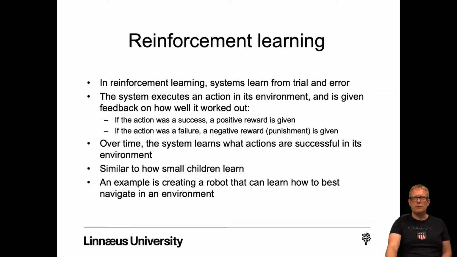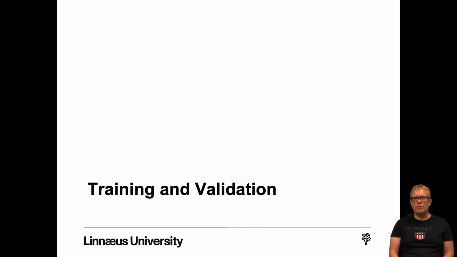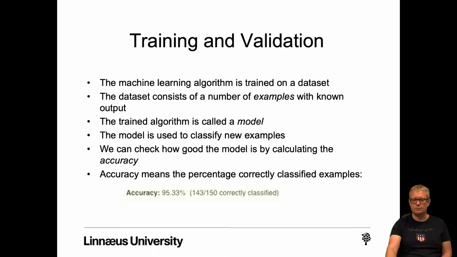When we work with machine learning, there's two parts we do. We train a model, and we have to validate that the model actually has learned what we intended. So the actual machine learning algorithm is trained on a dataset in a training phase, and the dataset consists of a number of examples with known output.